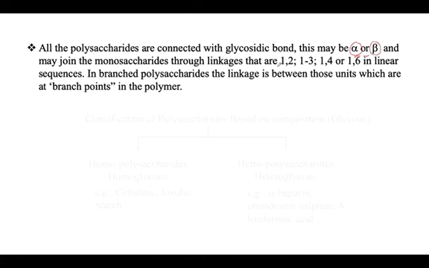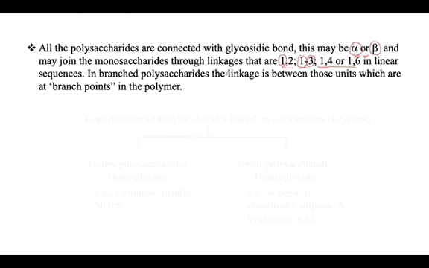As I said, when they are linear, they usually have 1-2, 1-3, 1-4 or 1-6 type linkages. That is, the glycosidic bond is formed between carbon 1 of one monosaccharide unit and carbon 2 of the other, or carbon 3 of the other sugar molecule, or carbon 4, or carbon 6 of the other.